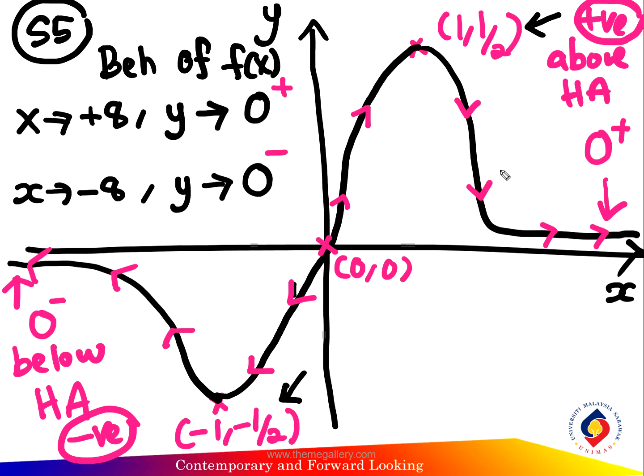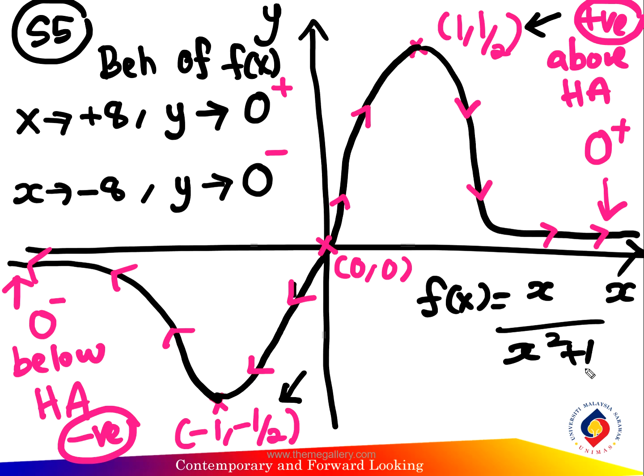Okay, and on the graph, you label the function. So you label the function f(x) equals x over x squared plus 1.